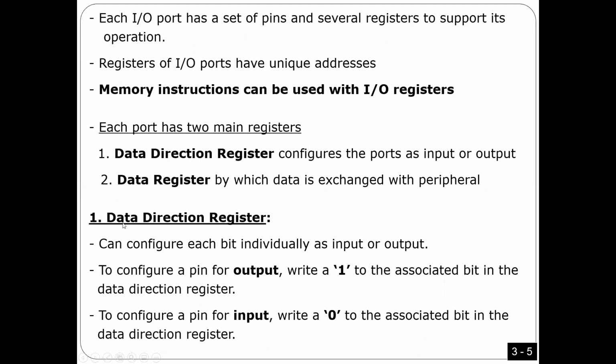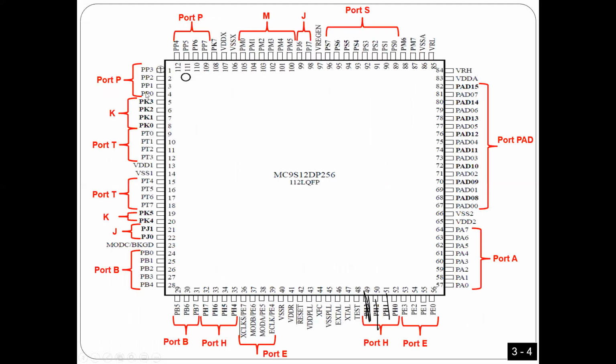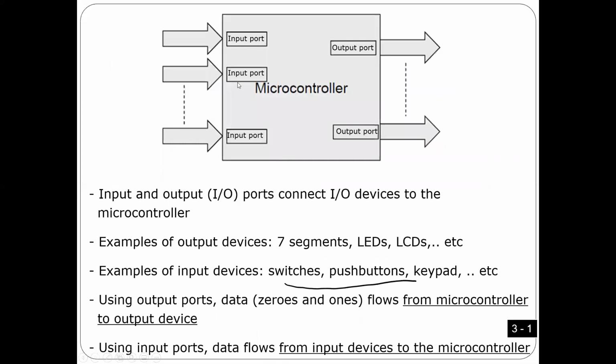The data direction register is used to program or configure every port, every pin in the port, as input or output. That means before we use any port, you should configure this port as input or output.